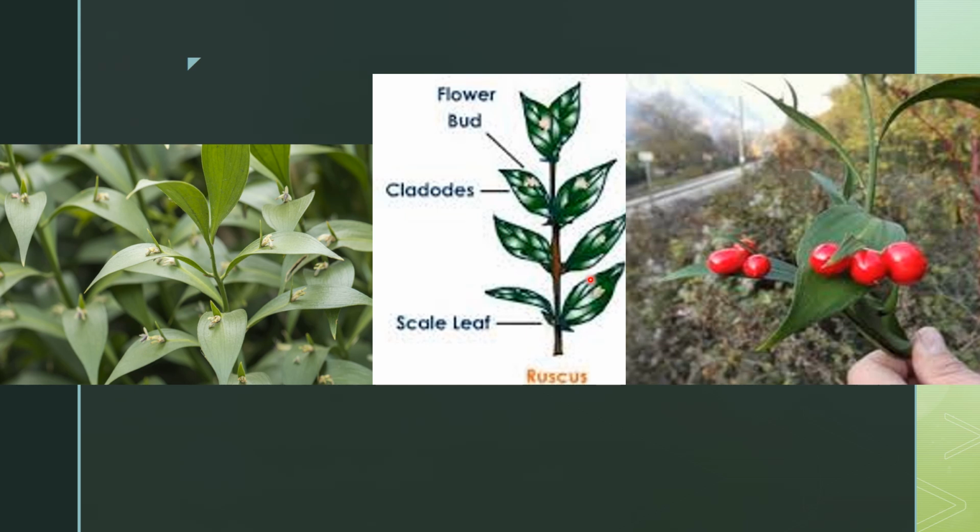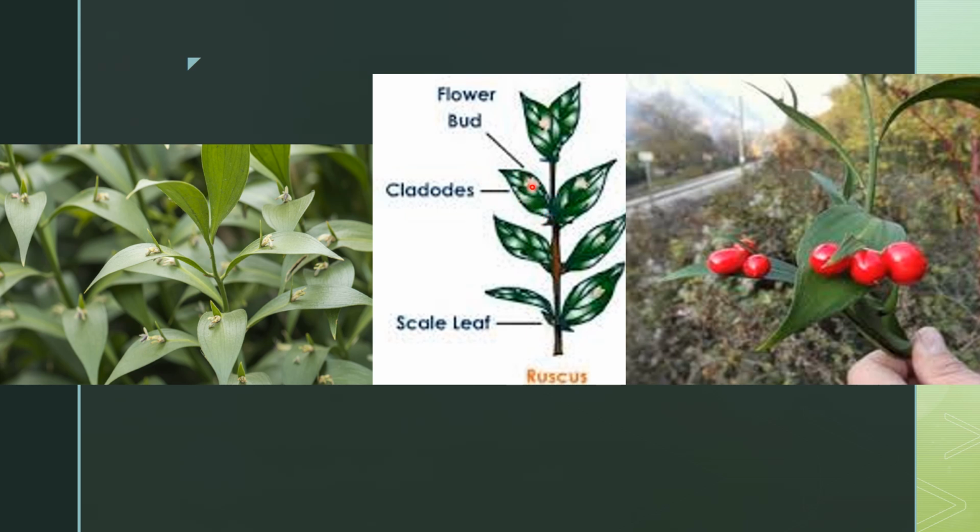This is a Ruscus plant. So these leaf-like structures are a modified stem. So this is a cladode. Okay, this is not true leaves. It is a cladode. They get modified to be flattened and to be like the leaf structure to do the photosynthesis.